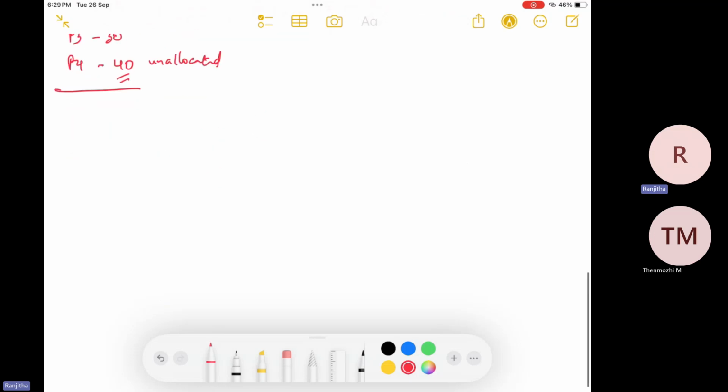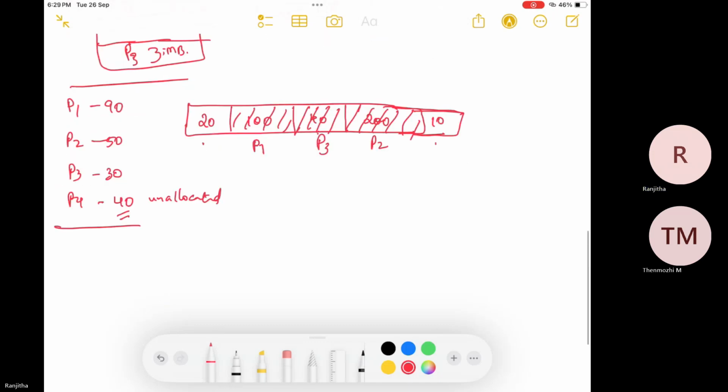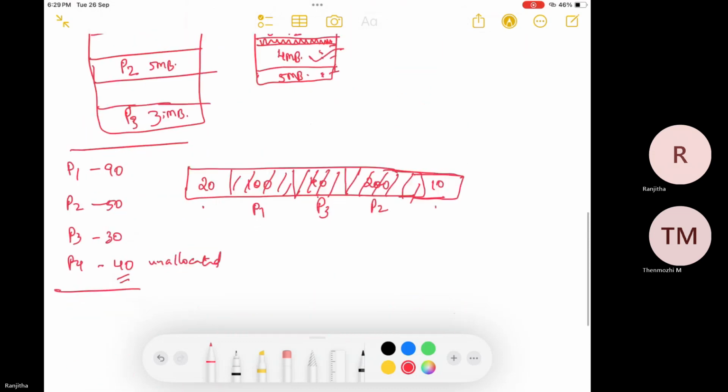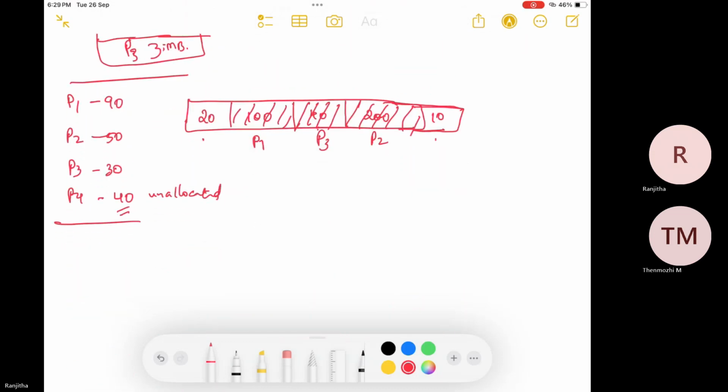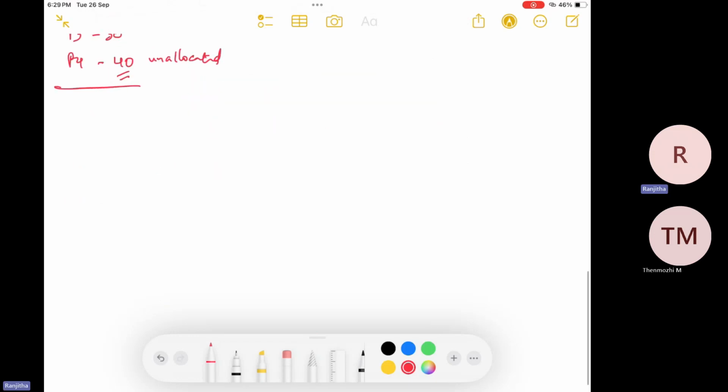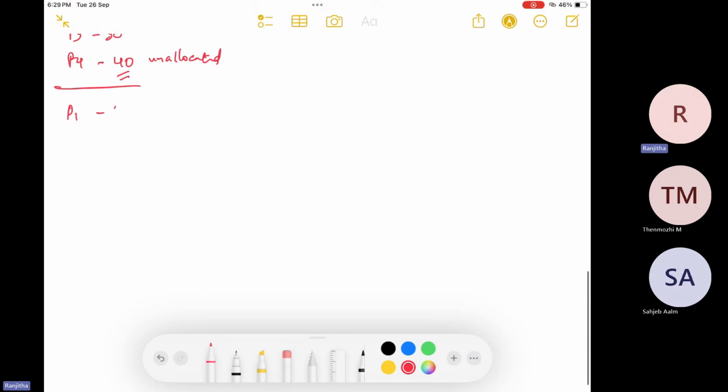Let's take the second example, a best fit example, with P1 of size 40, P2 of size 10, P3 of size 30, and P4 of size 60.